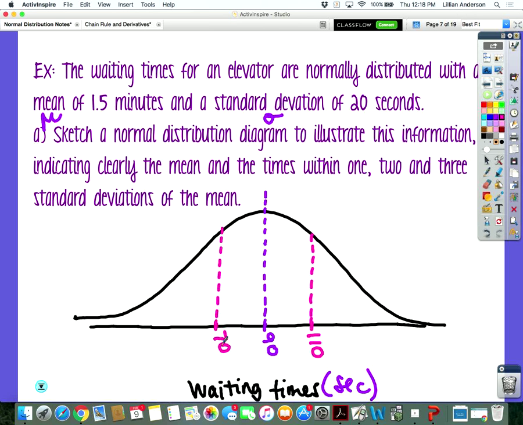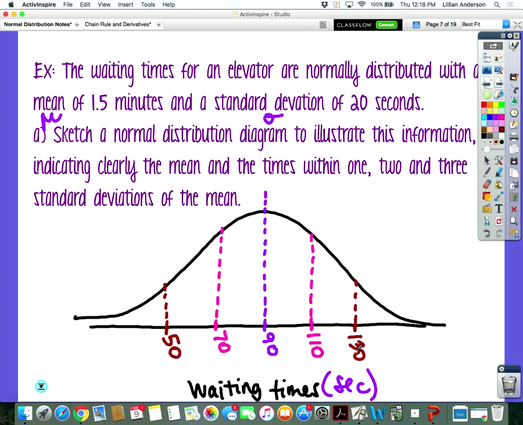Okay. Now you do your next one. 2 standard deviations. You always subtract when you're on the left side. You always add when you're on the right side. So now I'm going to subtract 2 standard deviations from your mean. Well, 2 times 20 is 40. So it's 90 minus 40. 50. Do the same thing. 90 plus 40. 130.